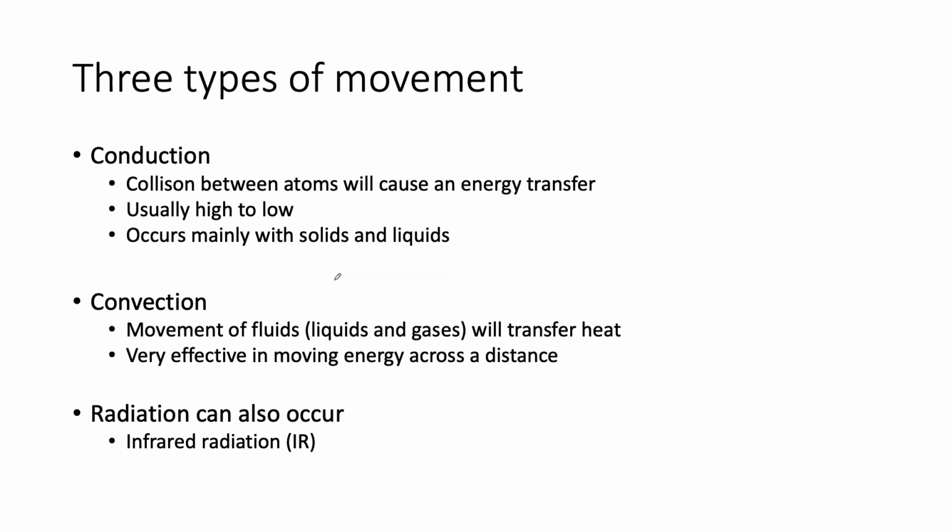So, three types of movement of heat. Let's take a look at this. We've got three ways that heat or energy can be transferred. And we have conduction. Collisions between atoms will cause an energy transfer. So we're talking about two things touching each other.